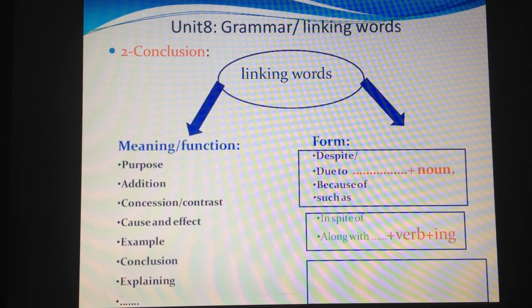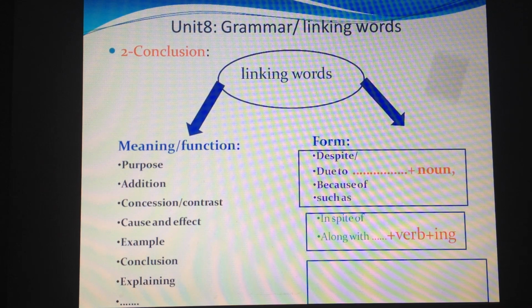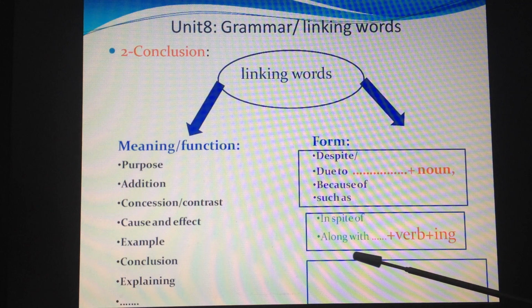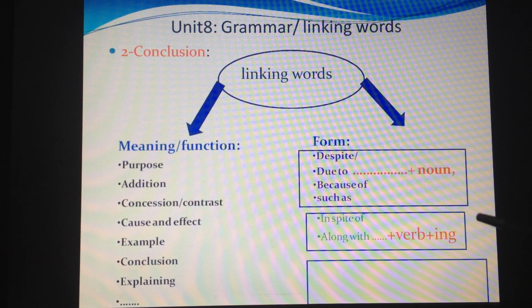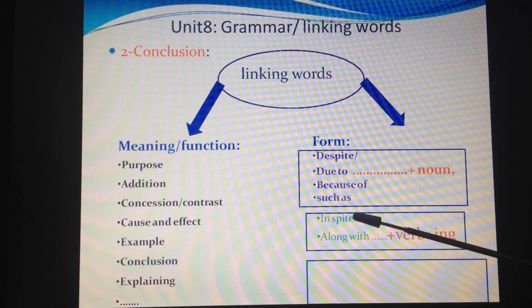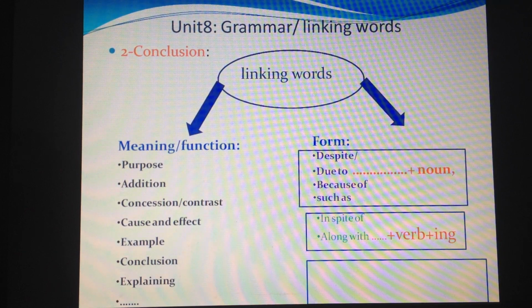Great. Another group of linking words are used with verb plus ing. In spite of being poor, in spite of having many problems, so the verb with ing. Along with having, along with being, again, they are different in terms of function, but they have one form. And of course, plus the second sentence.